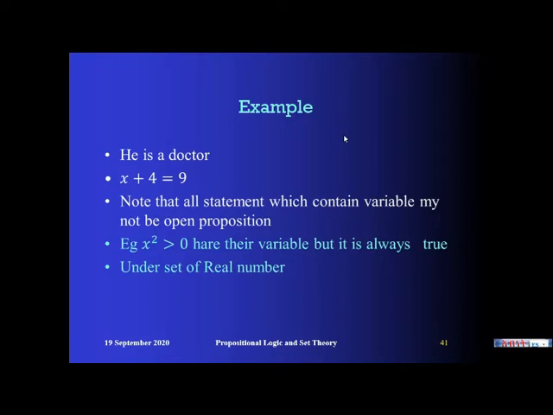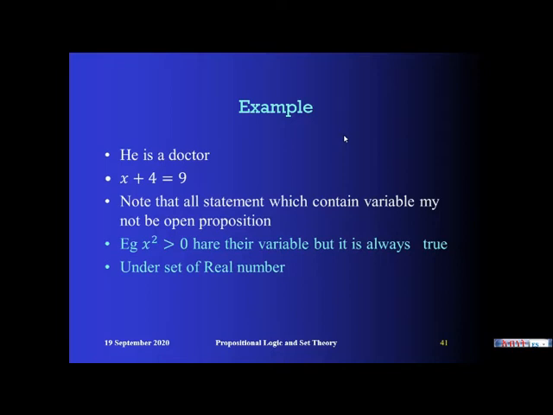So instead of "he," "Mutuku is a doctor" gives a false truth value. But let us substitute another person, for example, our Prime Minister: "Abiy Ahmed is a doctor." It's true. So an open statement has a chance to be opened when you substitute an exact value or an exact person for the pronoun or the variable.